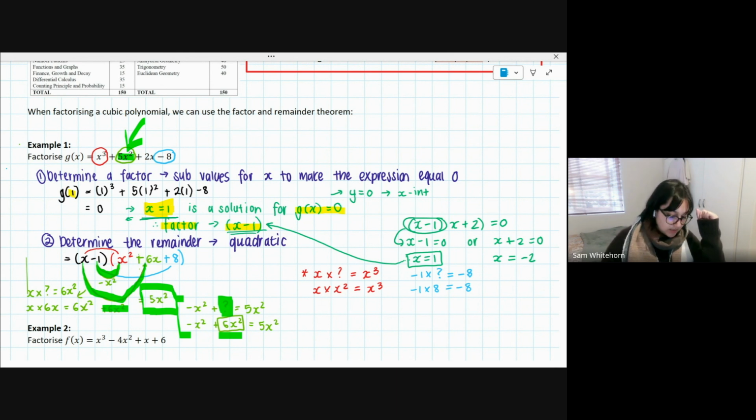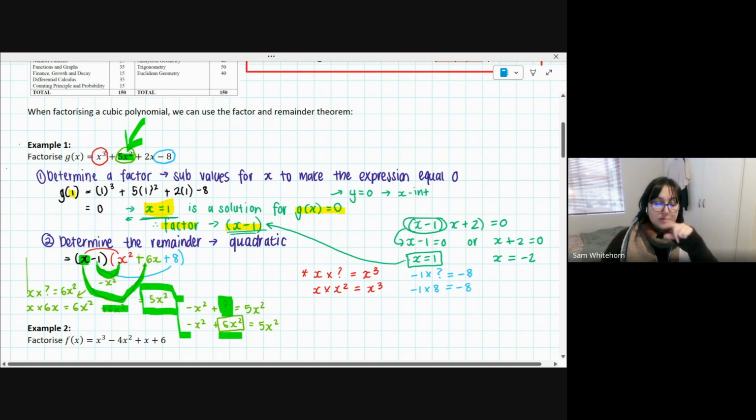So now I need to ask myself, okay, x times what gives me 6x squared? And that would then be x times 6x. So that gives me my middle term of my quadratic.